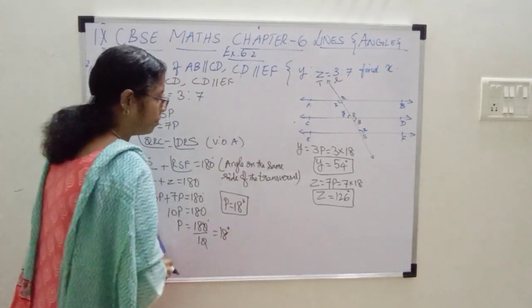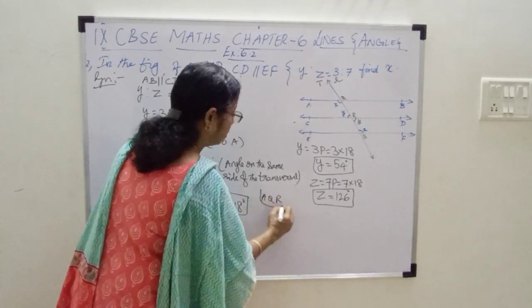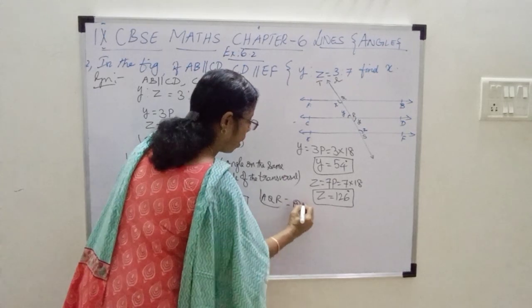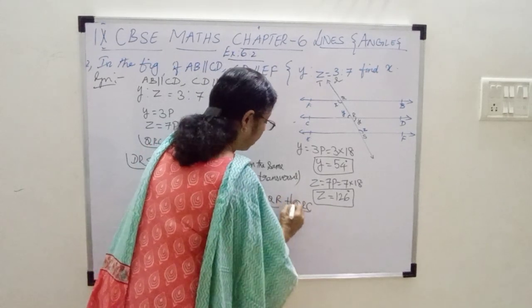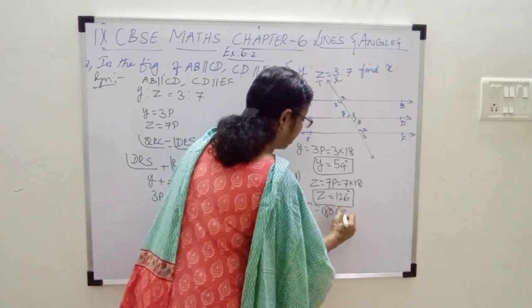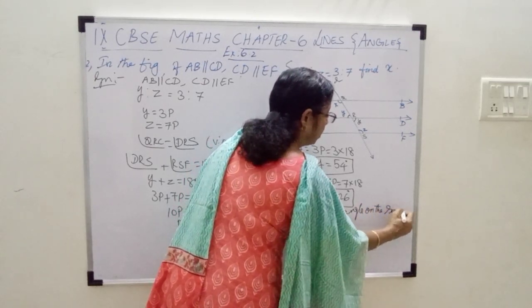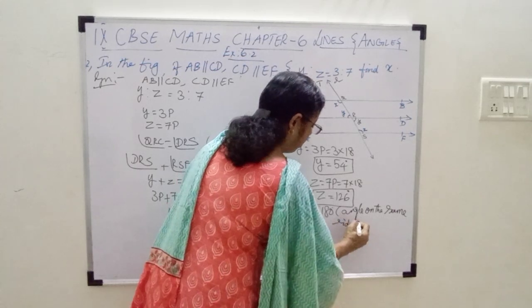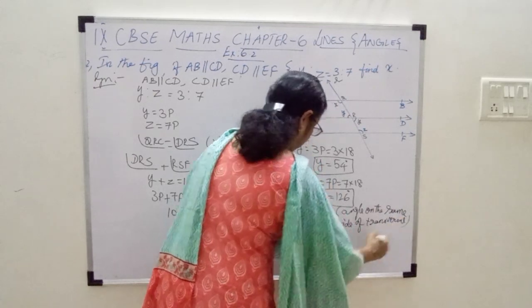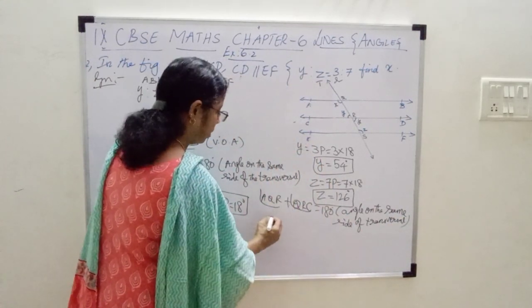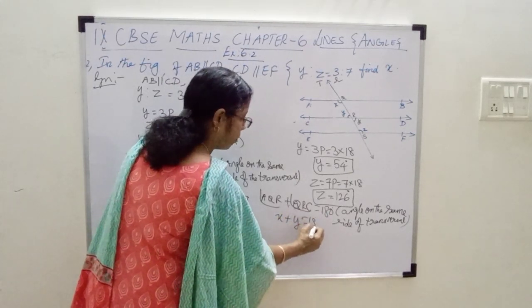I write it: angle AQR plus angle QRC is equal to 180. Reason, angle on the same side of the transversal, so they are supplementary. So angle AQR is X, angle QRC is Y. This is equal to 180.